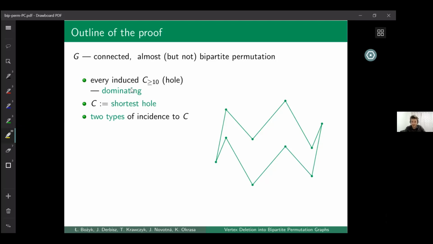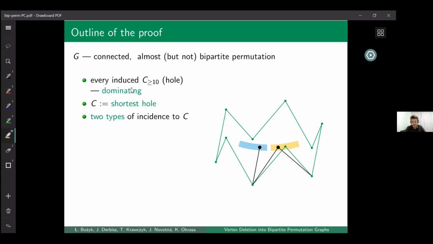So we know it's dominating, and every vertex lies somewhere around, but we can prove that it can be of only 2 kinds. It's either connected to precisely 1 vertex of the shortest hole, or 2 which are 1 apart. And this is the only possibility for all remaining vertices of our graph.